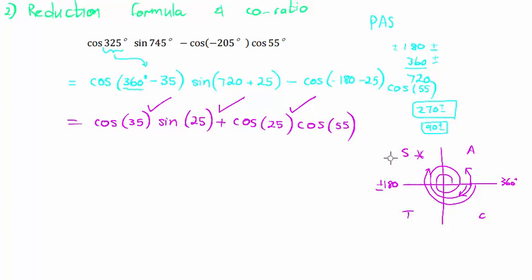So let me take this away. The 55 I can rewrite as 90 minus 35. So cos can change into sine of 35. There's your 4th mark.